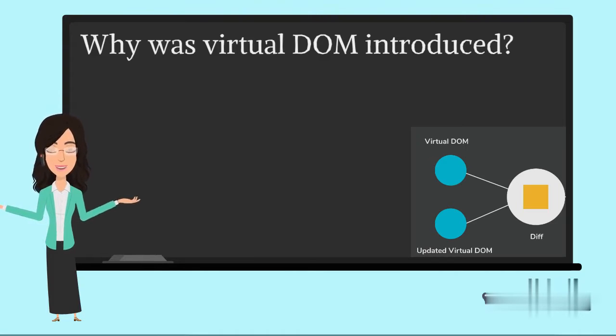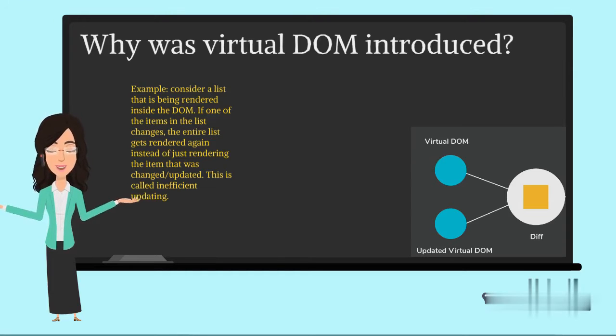The answer is, DOM manipulation is an integral part of any web application, but DOM manipulation is quite slow when compared to other operations in JavaScript. The efficiency of the application gets affected by this. So when several DOM manipulations are being done, most JavaScript frameworks update the entire DOM, even when a small part of the DOM is changed.